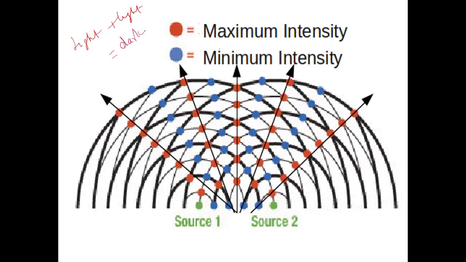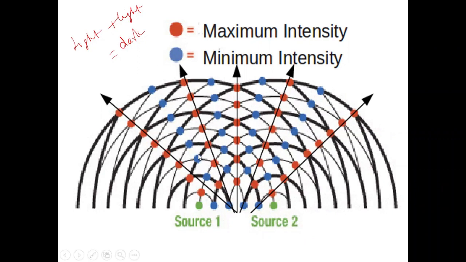Is it possible that light and light give darkness? If you have two bulbs, they will say it is not possible, because there are two sources of light. How can you expect darkness?